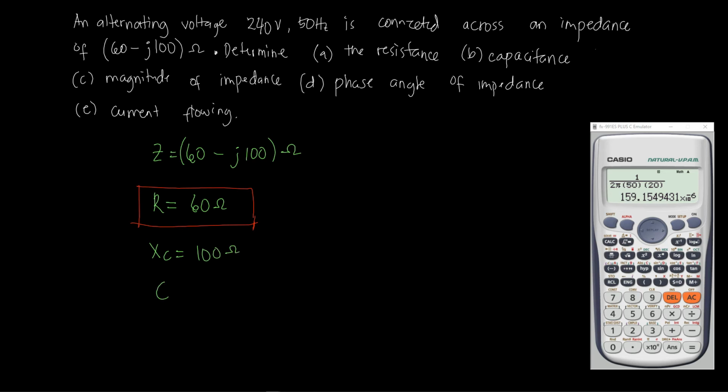Okay, to solve for C, we have 1 over 2 pi FXC. Now, 1 over 2 pi, pila ang frequency? 50 hertz. Okay, times the capacitance, times 100. Okay, so pila?